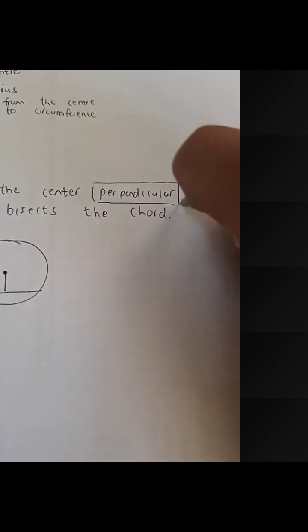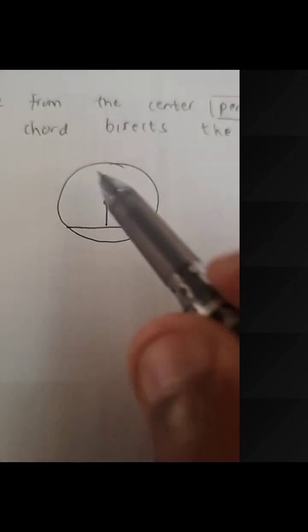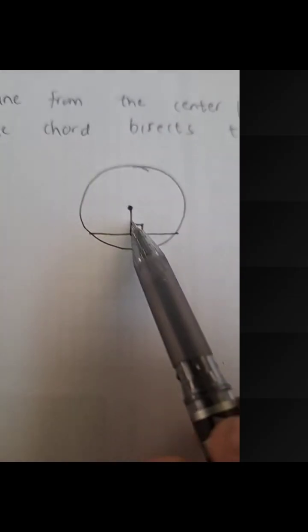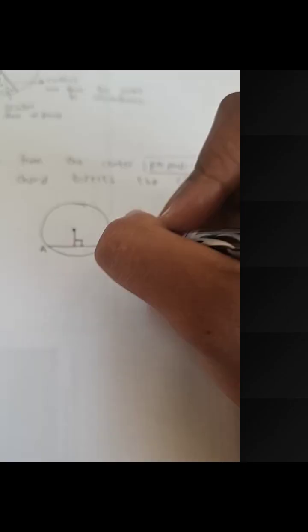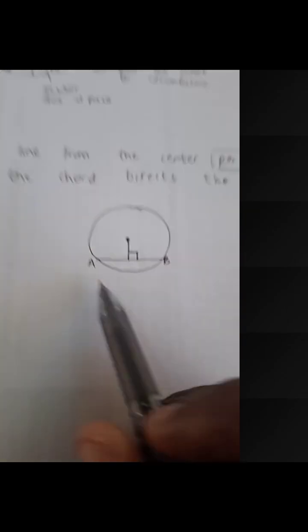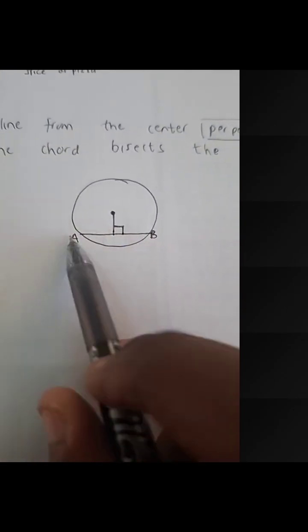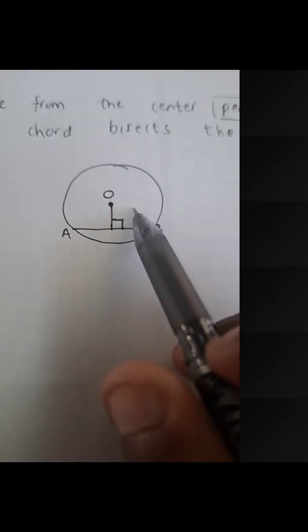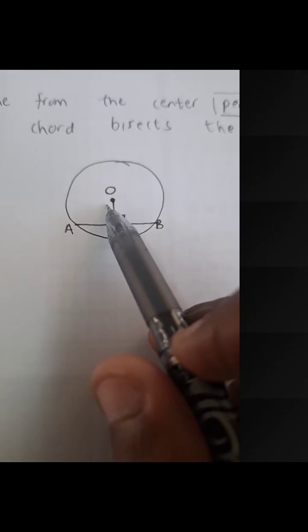Perpendicular. What does perpendicular mean? It means that this line from the center must be perpendicular to this line here, which we can refer to as a chord. This is chord AB, and let's say this is center O.